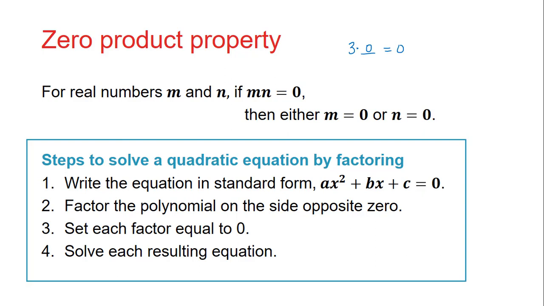So you may be asking, why am I going to use that? Well, when we have quadratic expressions in these equations, we can factor them. That is, we can write them as a product. And if we can write the equation as a product equal to 0, then one of those factors is equal to 0.